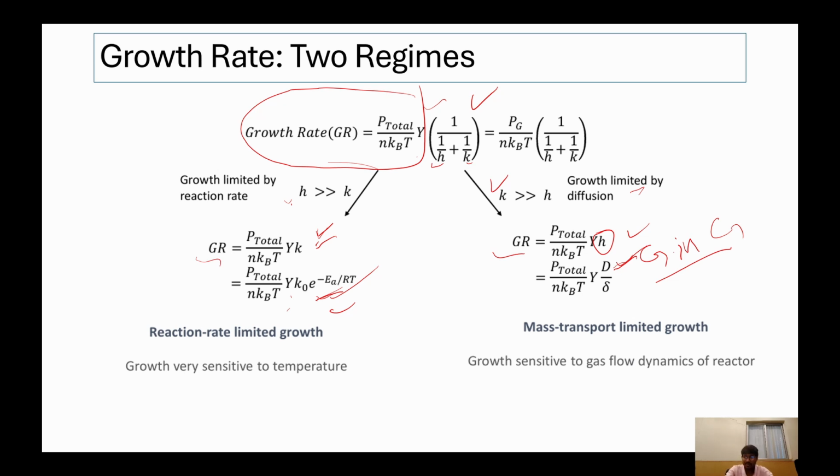That depends on the flow dynamics of the reactor, or you can increase the pressure a bit, so that can increase that. Also this delta depends on the temperature. Delta gets reduced if you have a higher temperature, and then growth rate will be higher. So that's the thing.